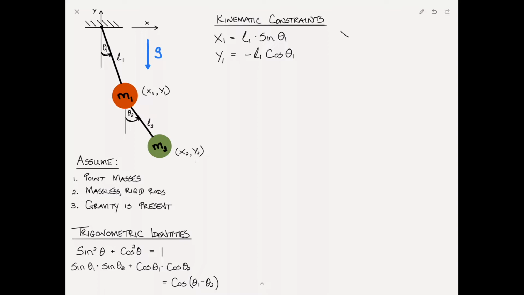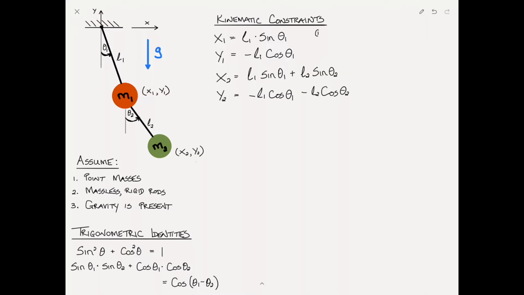And similarly, x2, let me save some space. I'm going to write it below. x2 is equal to L1 times sine of theta 1 plus this distance here, which is just L2 sine of theta 2, and y2 is equal to whatever y1 was, which is negative L1 cosine of theta 1 minus L2 cosine of theta 2.